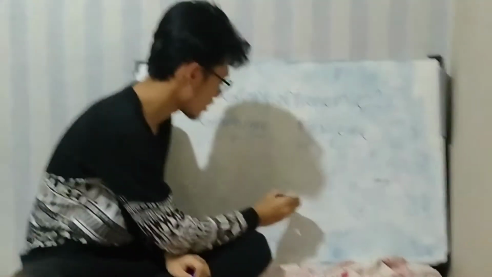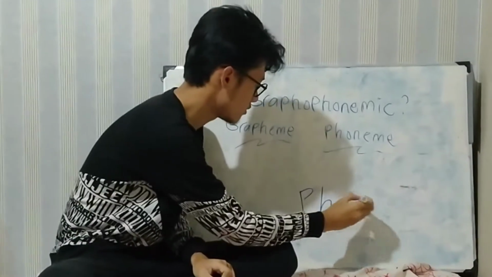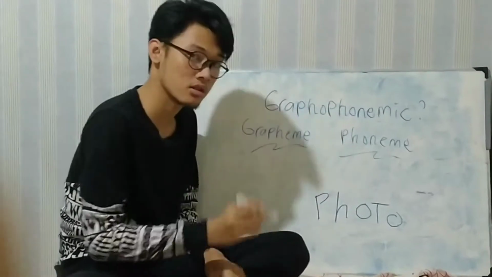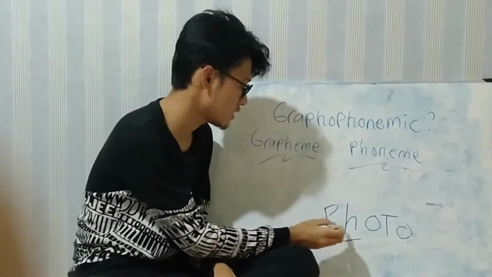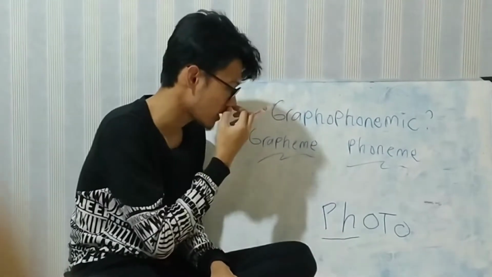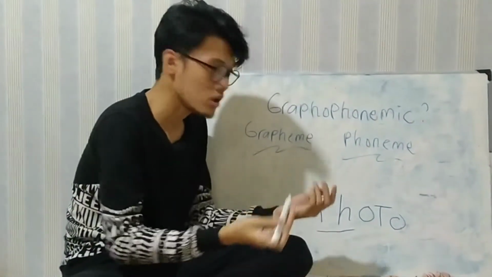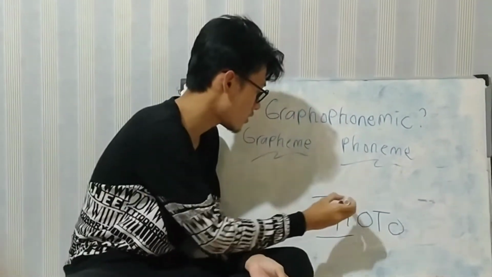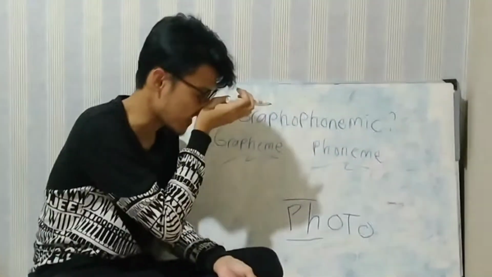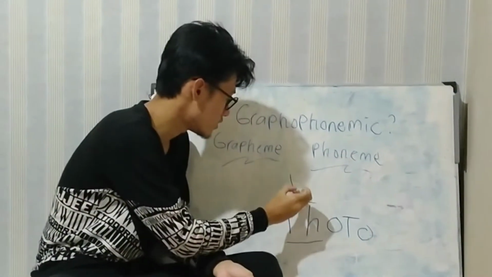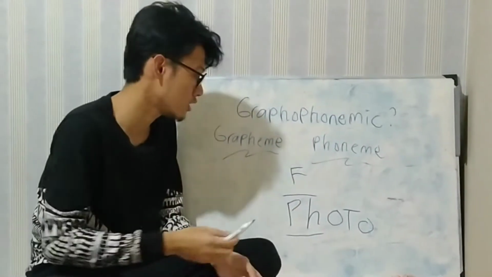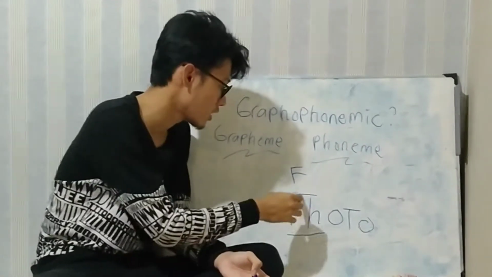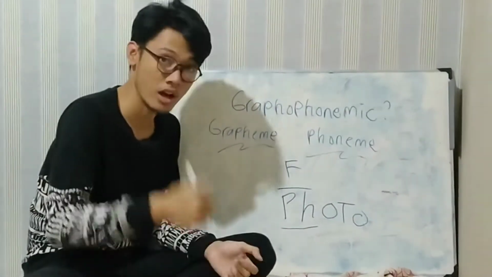So for example, photo. As you can see, this is what we call a grapheme: ph. And the symbol we use for it is F, because it's the way we pronounce the word photo. You got that? Okay.